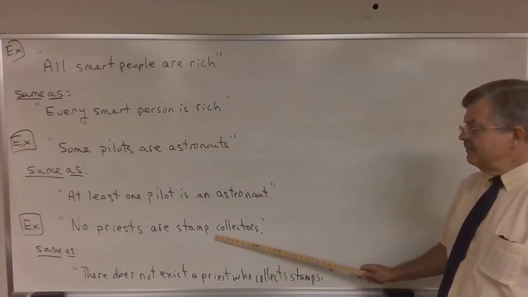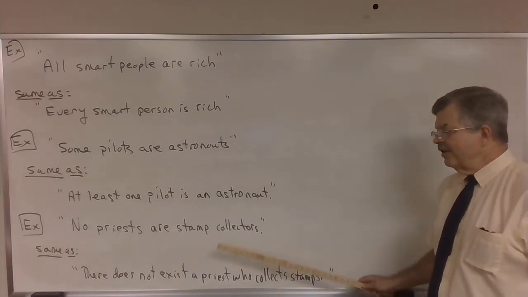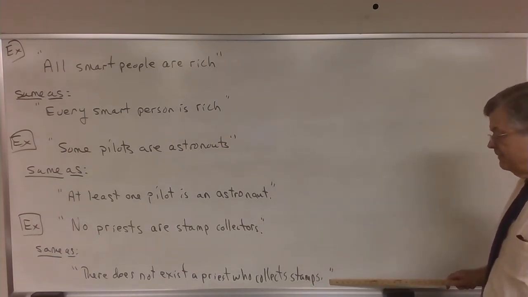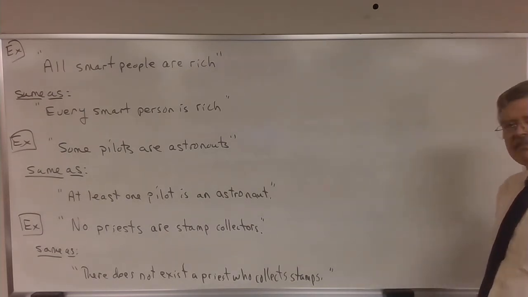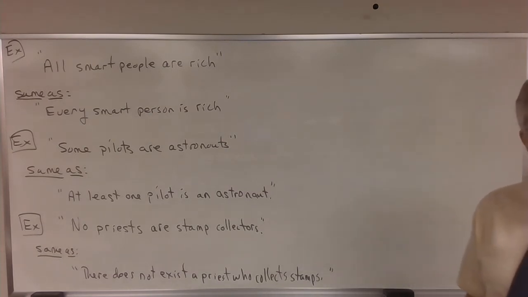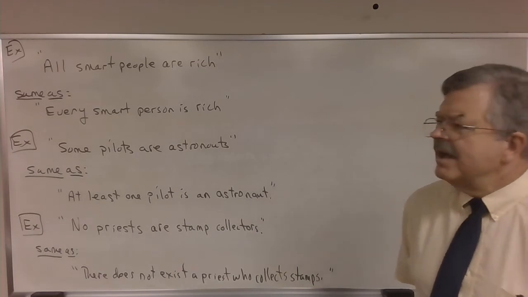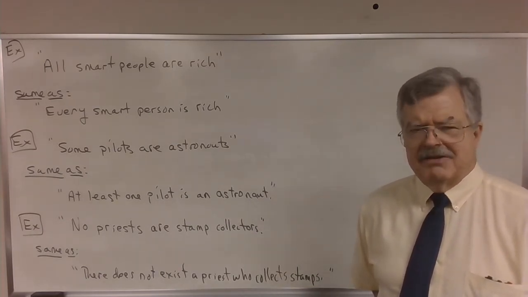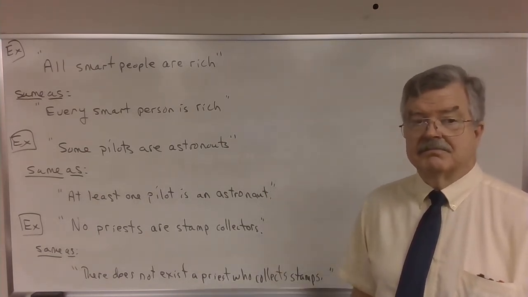And here's another one. No priests are stamp collectors. That's the same as saying there does not exist a priest who collects stamps. Now that we've seen a few examples, let's figure out how it is that we negate each of these quantifiers.